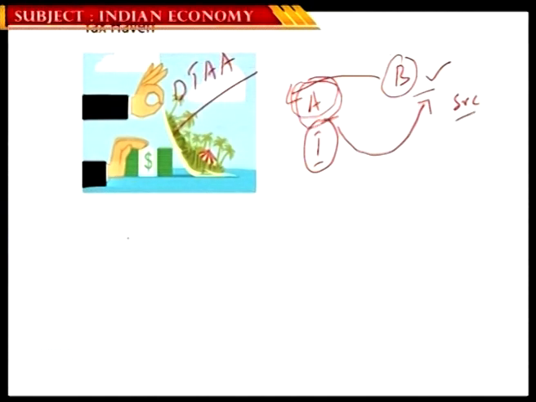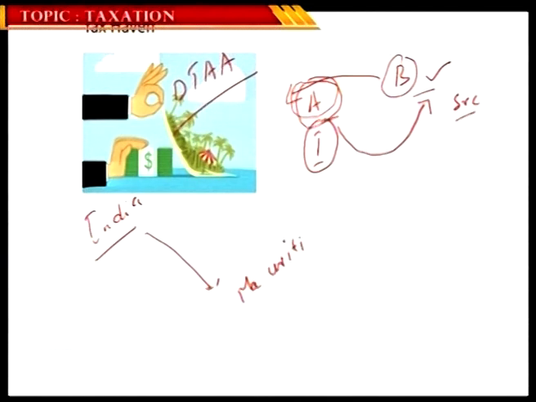Now imagine a problem, take the case of a country like India. If it happens to make a double taxation avoidance agreement with a country like Mauritius, which is a tax haven, but we don't have any similar kind of agreement with the United States of America. So what do you think will be the problem?